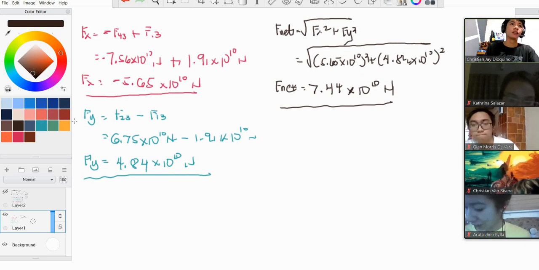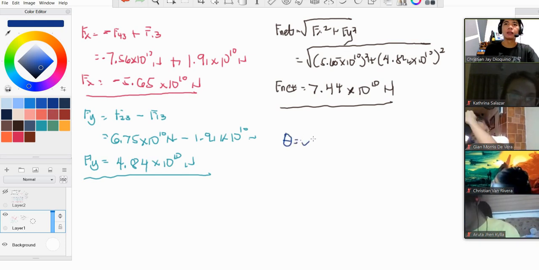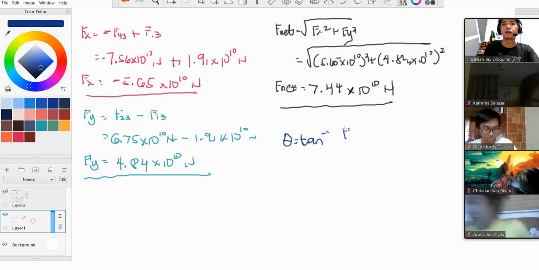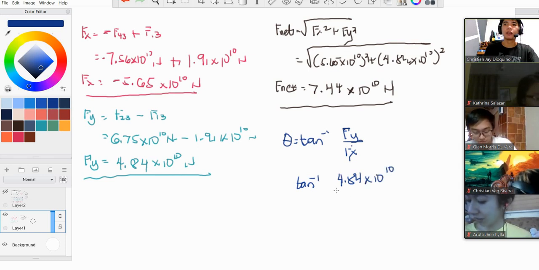Next, for our angle along the x-axis. So we have angle equals the inverse tangent of Fy, 4.84 times 10 raised to 10, over 5.65 times 10 raised to 10.